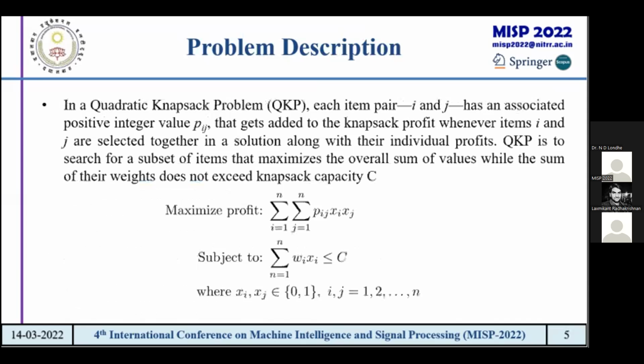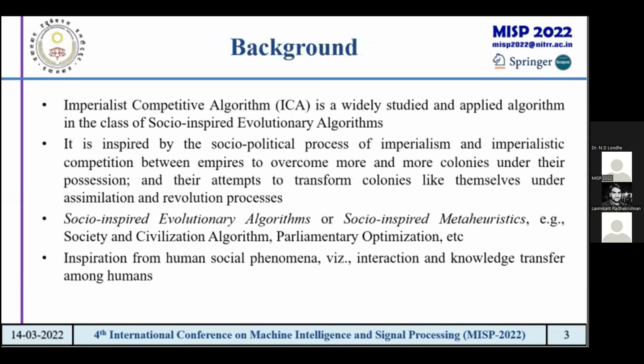The basic idea of socially inspired evolutionary algorithms is inspiration from human social phenomena, like we are talking, we are teaching. Like TLBO is an algorithm which uses the idea of communication between the teacher and the student, how they improve their results, how they learn. So basically we are just mimicking the phenomena seen in human societies.